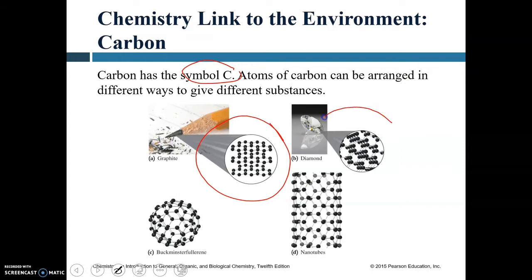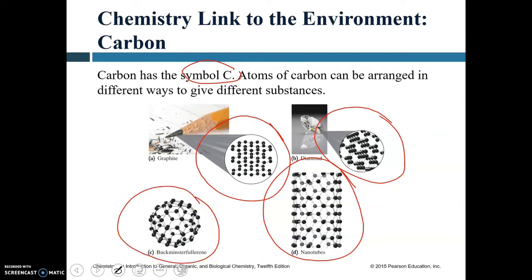If it's arranged into a very interconnected 3D structure, it will form basically a physical opposite of graphite, diamond, the shiny, extremely solid material. Carbon can be formed into nanotubules, into fullerenes, into graphenes. So there are multiple ways for carbon to arrange its atoms, forming different substances with very different physical properties.